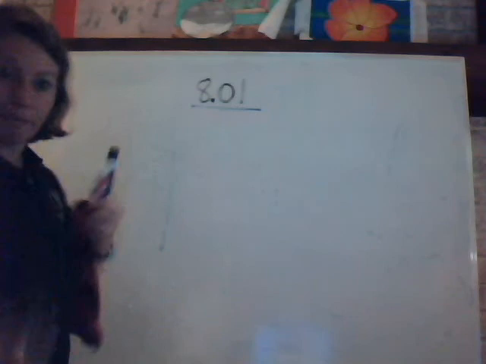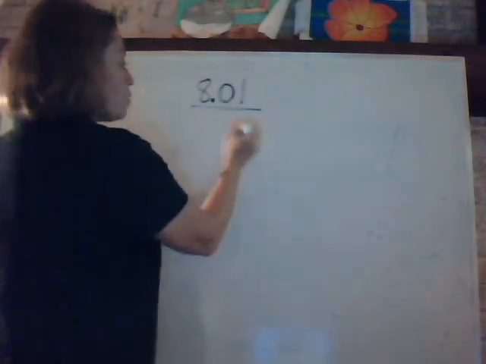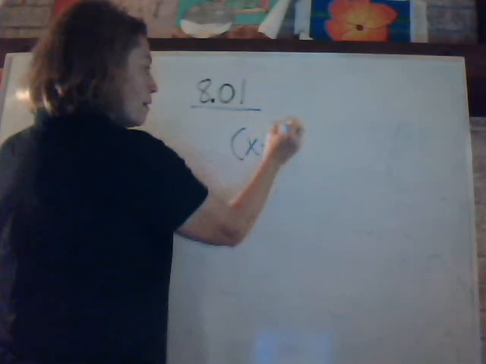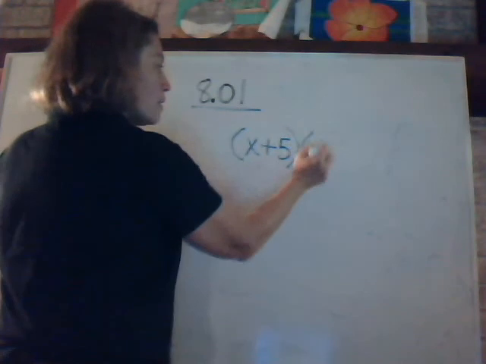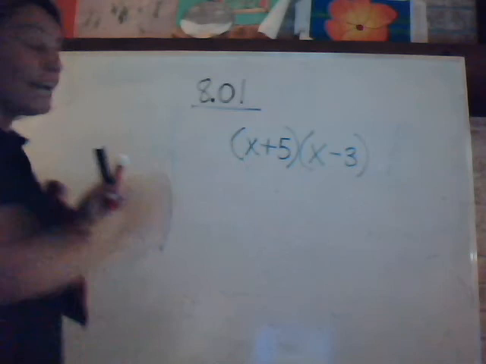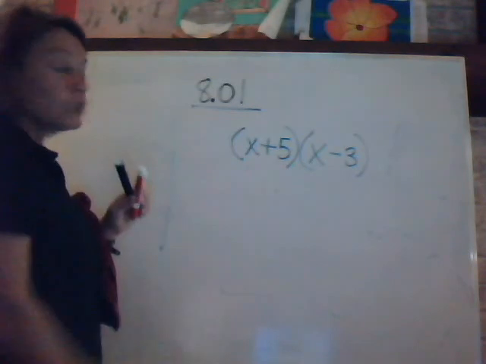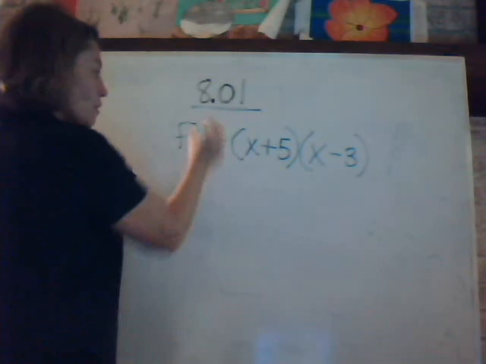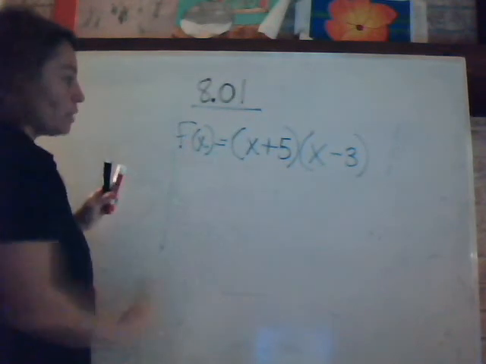Okay, first thing. Let's just throw in some numbers. We'll say that we have x plus 5 times x minus 3. There is our quadratic in factored form. So what are my roots? And I'm sorry, this is a function. So there's my f of x, so my function notation.